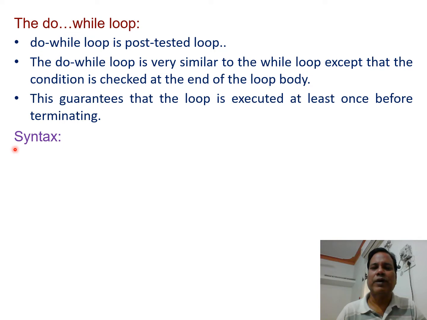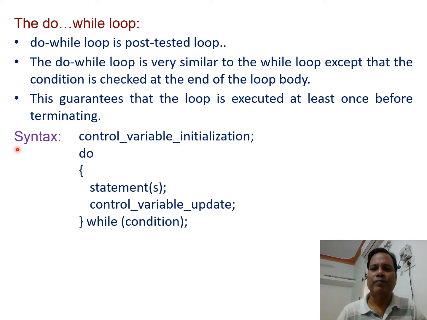Syntax for the do while loop. First, control variable initialization; semicolon; do. Then within the open and close braces of do, statements are written, which is called the body of the do while loop. After the close brace, while condition is placed.